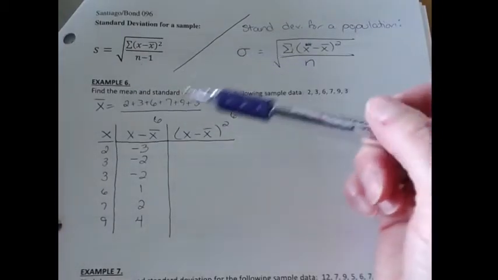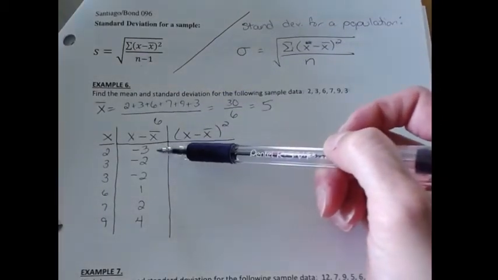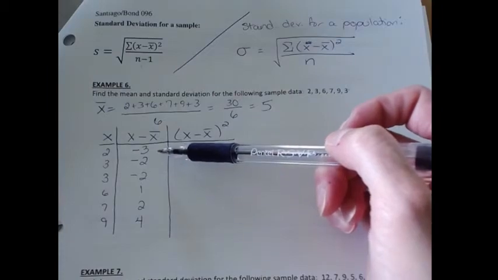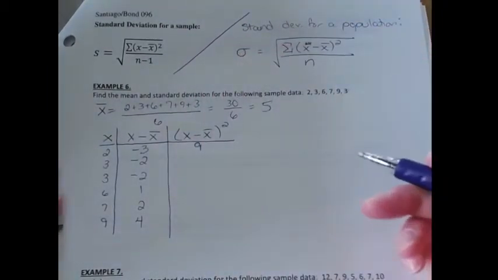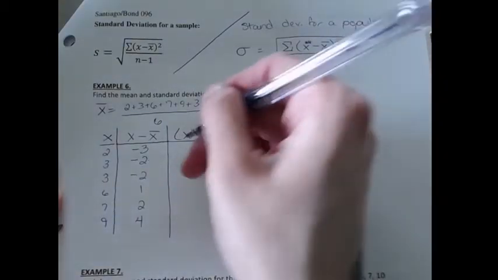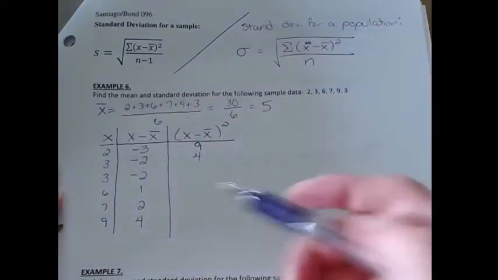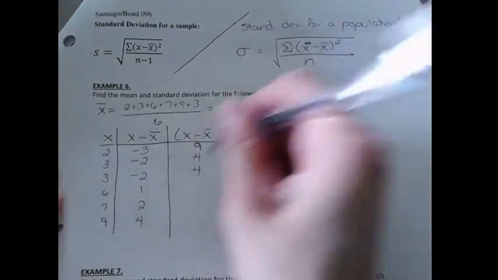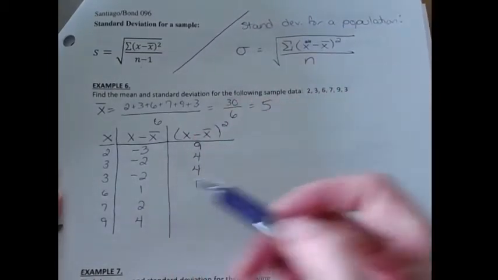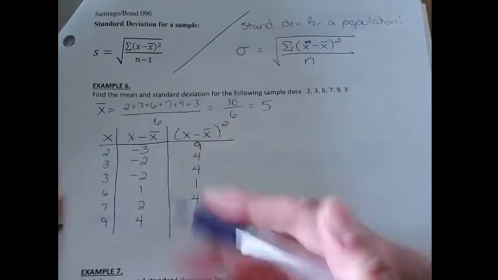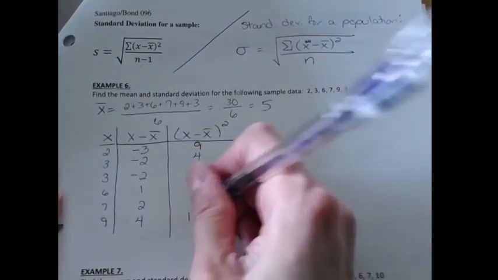So think of it logically. Negative 3 times negative 3, well, that has to be a positive, right? So negative 3 times a negative 3 is positive 9. Negative 2 times a negative 2, positive 4. Again here, 1 squared, or 1 times 1, is 1. 2 squared, or 2 times 2, is 4. 4 squared, or 4 times 4, is 16.